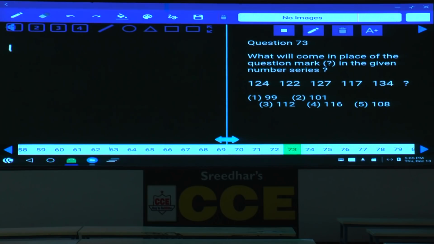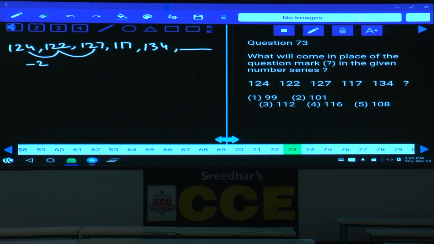124 and 122, what is the difference between these two? 124, 122, 127, 117, and next one is 134, then what should be the next number? The difference between the first two is minus 2, and 122 and 127, the difference is 5, here the difference is 10, and here the difference is 17. Minus 2, plus 5, minus 10, plus 17, and the next one must be how much?